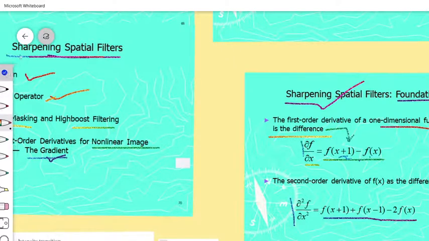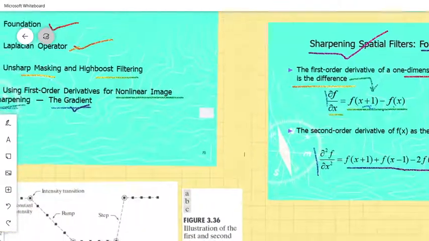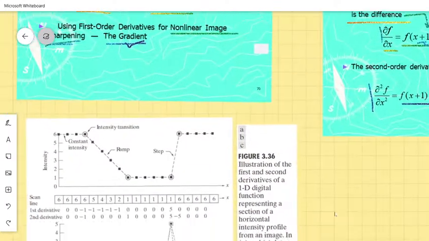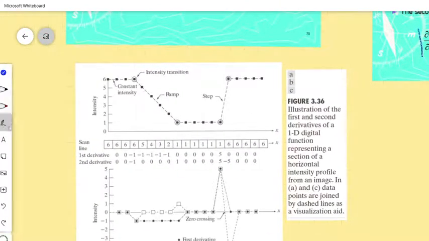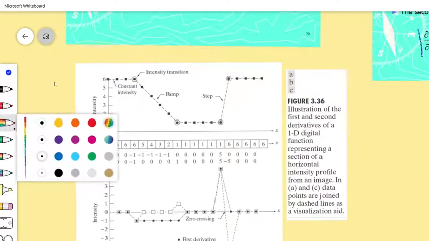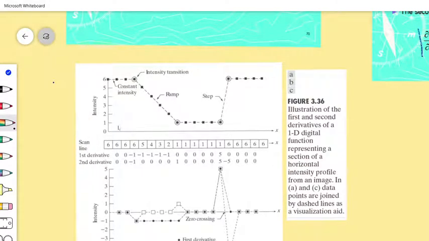Now, if we see these foundation formulas, first order derivative and second order derivative, if we apply them, see how we will get the points. Suppose the first and second order derivatives of a one-dimensional digital function represent a section of a horizontal intensity profile from an image.